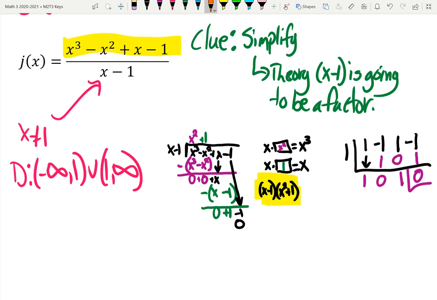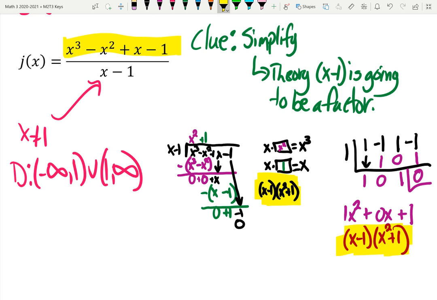So essentially what it's going to look like is I go right to left. It is going to be 1 plus 0x plus 1x squared, aka the same thing that we discovered before, that x minus 1 times x squared plus 1 is equal to the numerator.